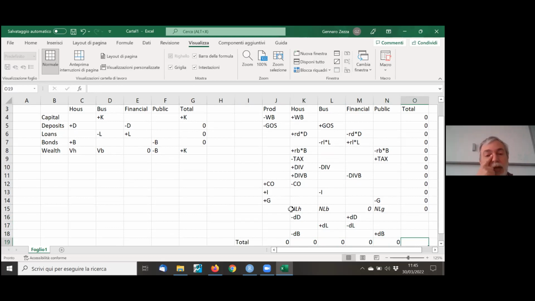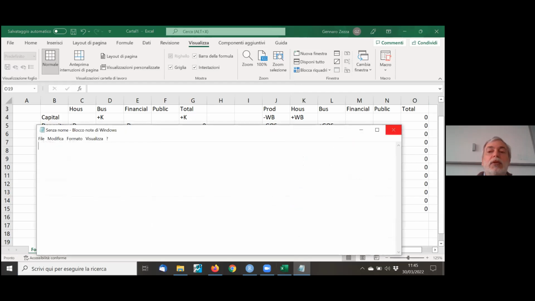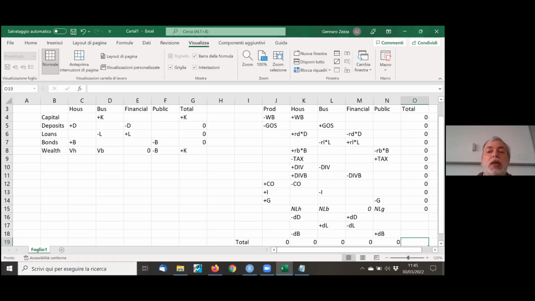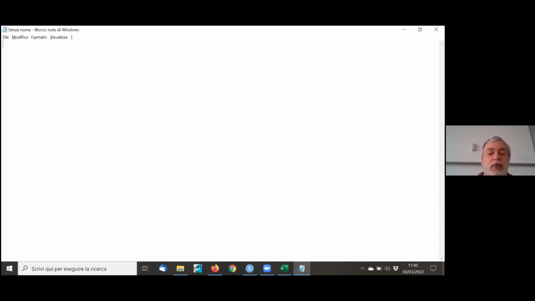So next thing is how does this translate into a list of equations? So let's do this in a simple text file to begin with. And we can follow the standard notation we used before.